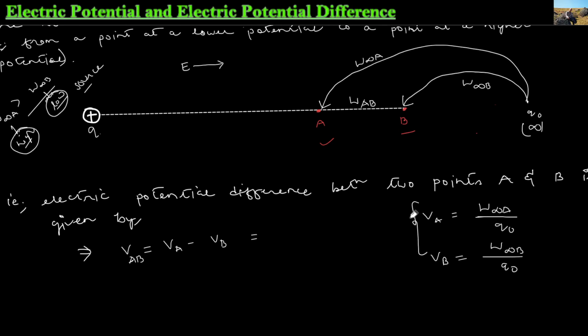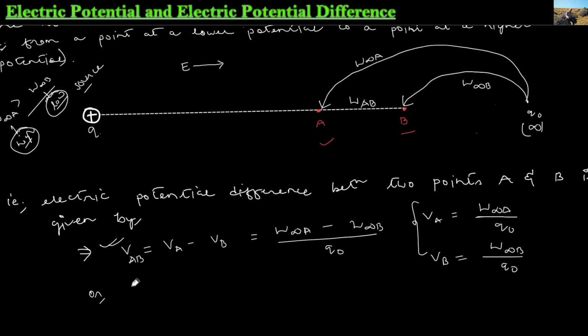If we use these in this equation, we get W infinity A minus W infinity B, divided by Q0. This is your working formula for the electric potential difference between 2 points within an electric field.